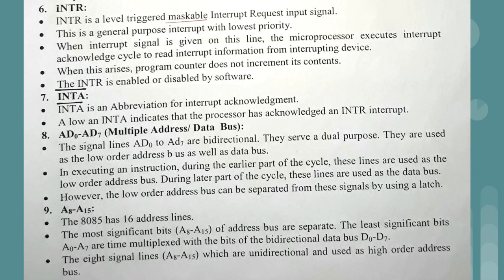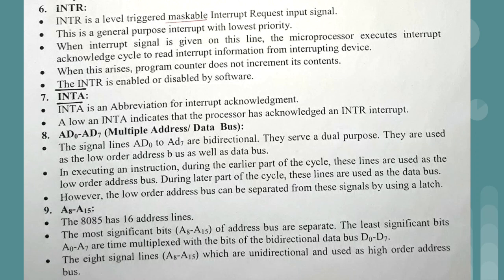So whenever we want to set the MSB, that is the most significant bits of any address, then we make use of A8 to A15 to store that value of the memory location. And whenever we want to store the lower order bits, that is the LSB of the address, for that purpose we make use of the A0 to A7 bus lines.